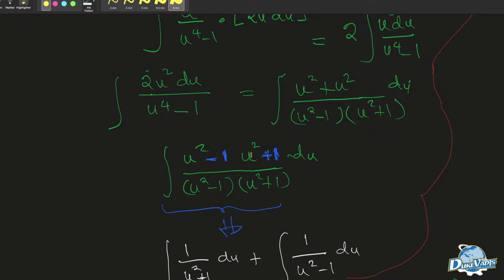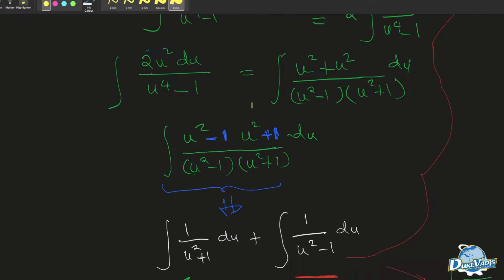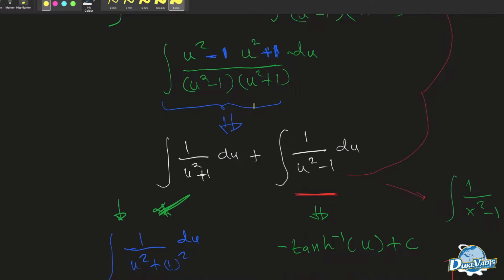So what did I do? Instead of this u squared plus u squared, I say u squared minus 1 and u squared plus 1. Well, I haven't changed anything at all. All I've done is manipulate the integral. So after that, I got to this u squared minus 1 and u squared plus 1.